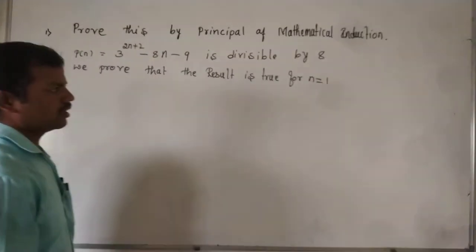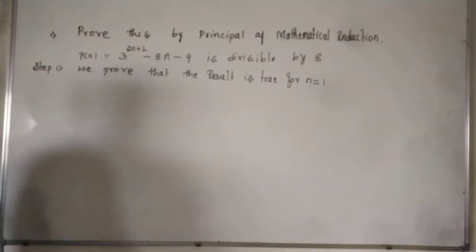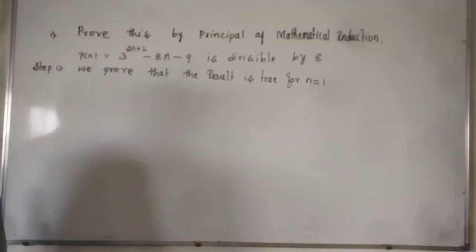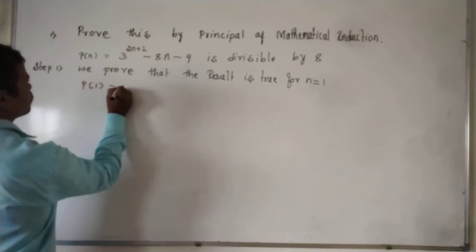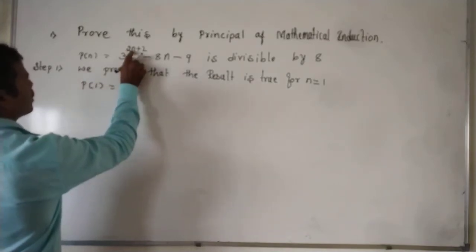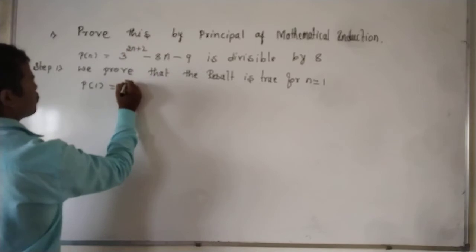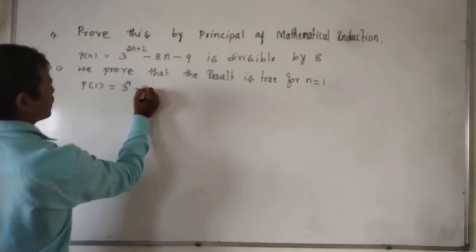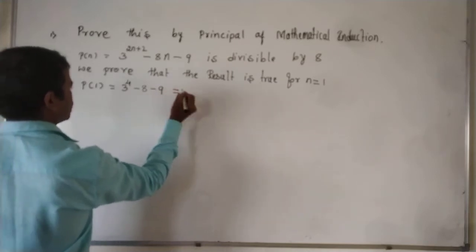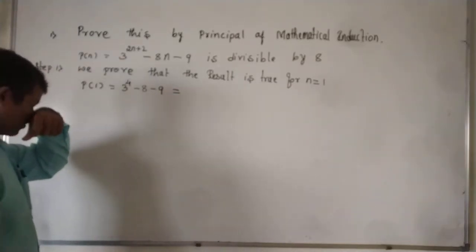We prove that the result is true for n equal to 1. Means n is 1, P of 1 is equal to 3 raised to 2 plus 2, that is 3 raised to 4, minus 8 minus 9, is equal to 3 raised to 4.